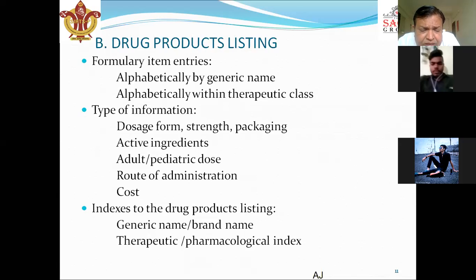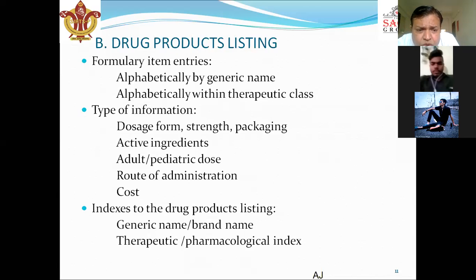Here we must disclose the dosage form, strength, packaging, in which form it is available, the active ingredients of that particular drug, adult and pediatric dose, route of administration and cost of that drug. Then the index to the drug products listing.